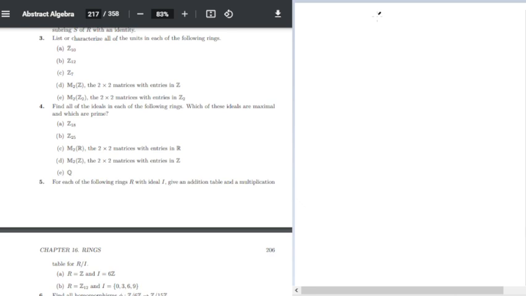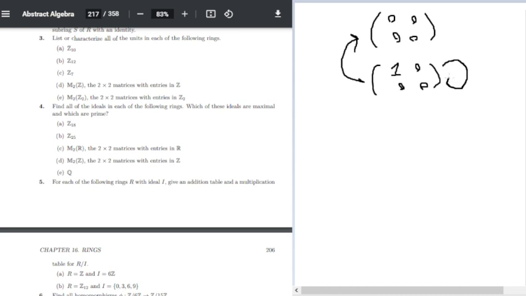What this ideal is, any non-zero matrix will either take this to the one matrix, or will permute this one entry. If we have two entries, it will either permute this or bring it back here.